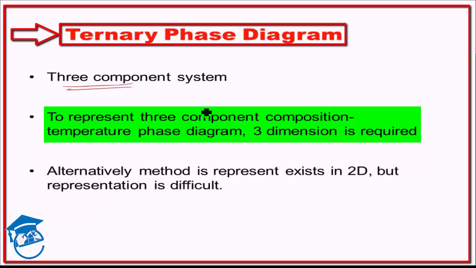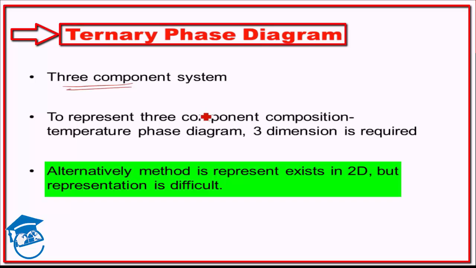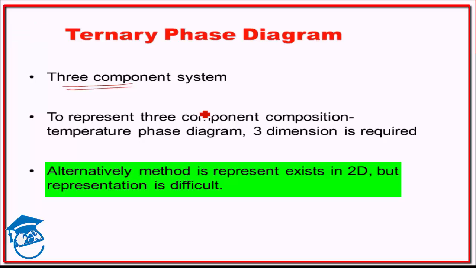Therefore ternary phase diagrams are quite difficult to make. Alternatively, there are methods to represent a ternary phase diagram in two dimensions also, but you can imagine when you are trying to shrink three dimensions into two dimensions in such a way that all the information of three dimensions is passed on to two dimensions, then the two dimension representation is going to be quite haphazard, and it is a really challenging task to actually study a ternary phase diagram.